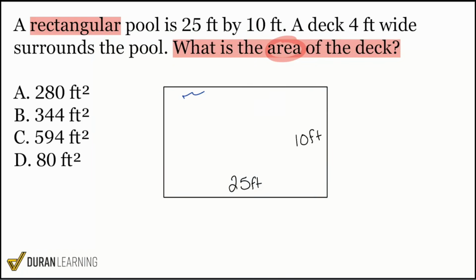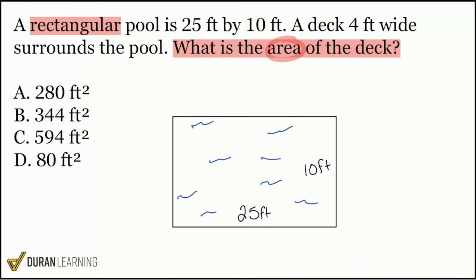So all of this is water. Yes or no? Can we confirm visually that this says that the pool is 25 feet by 10 feet? Notice how I'm being very specific. Notice how I'm repeating myself. And that's because the details matter, everybody. The details matter. Here's the next detail that's really going to matter.